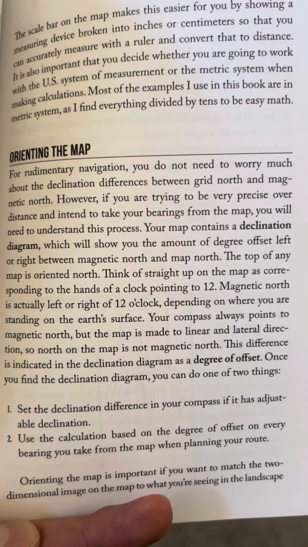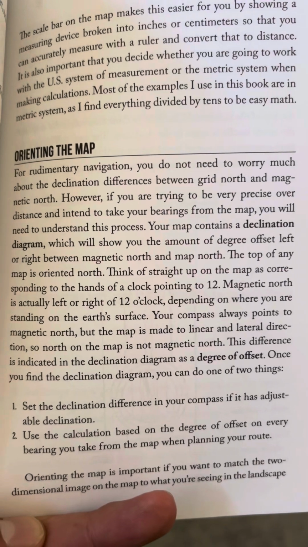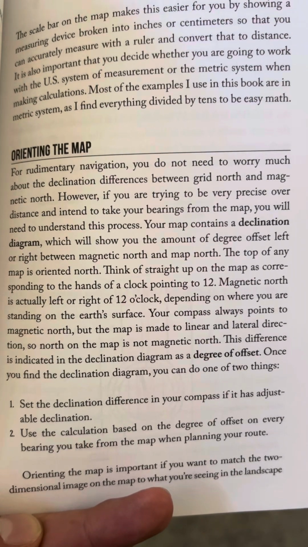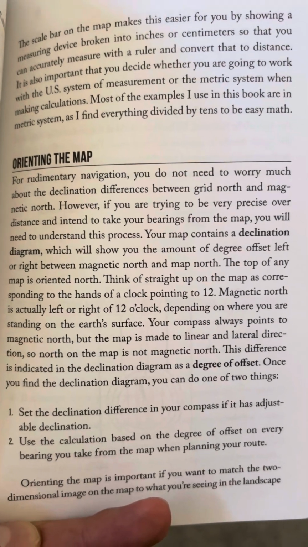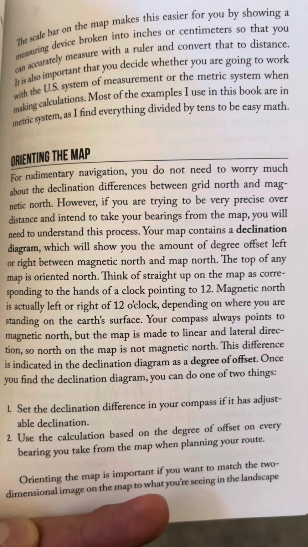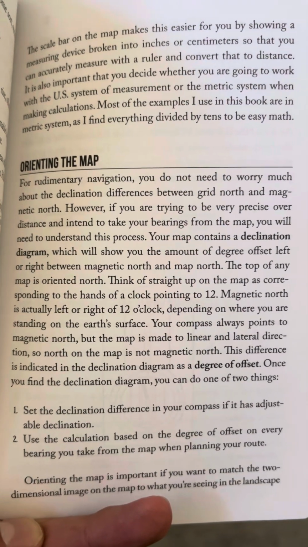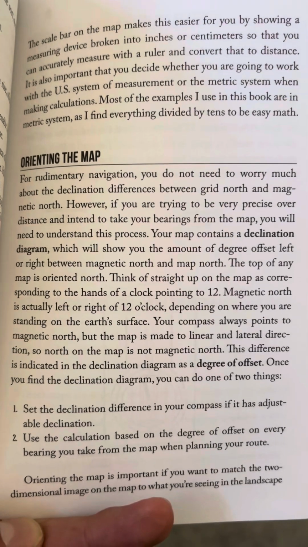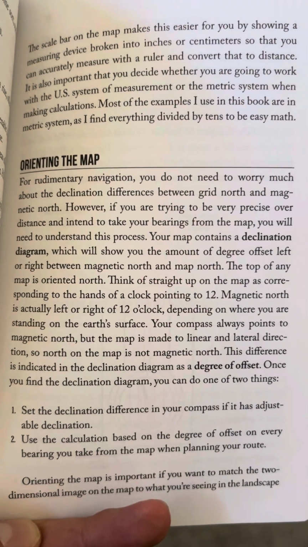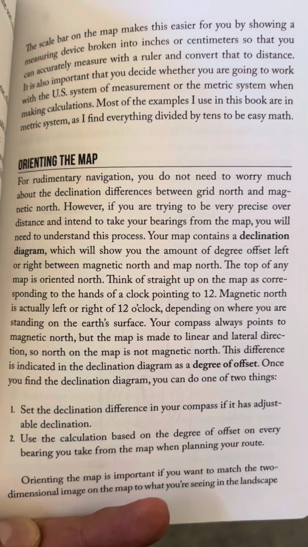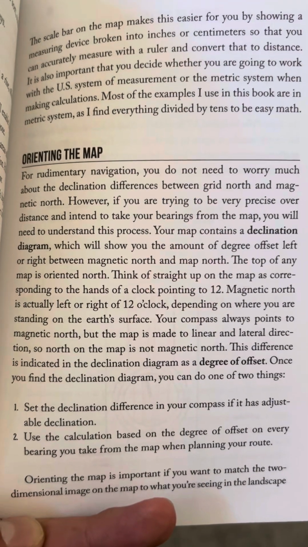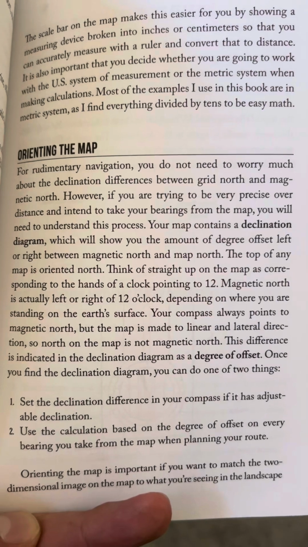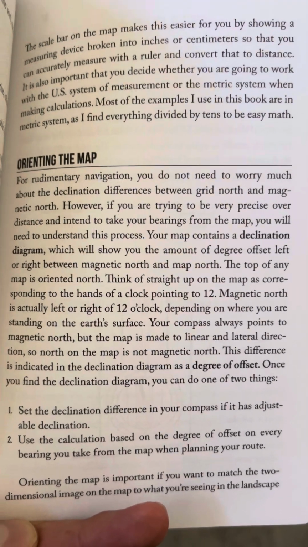However, if you are trying to be very precise over distance and intend to take your bearings from the map, you will need to understand this process. Your map contains a declination diagram, which will show you the amount of degree offset left or right between magnetic north and map north. The top of any map is oriented north.